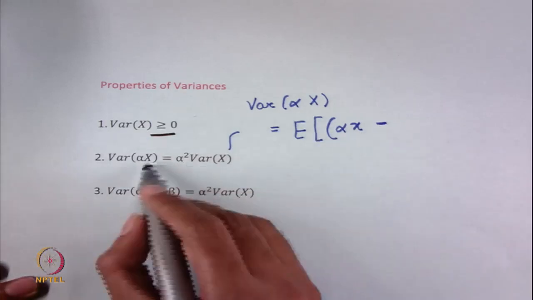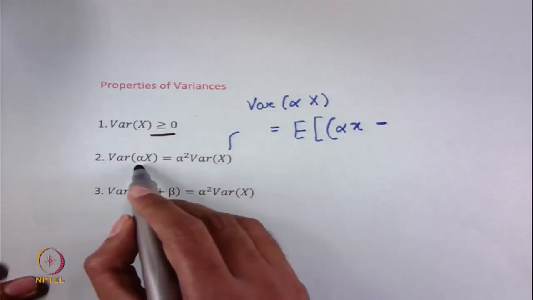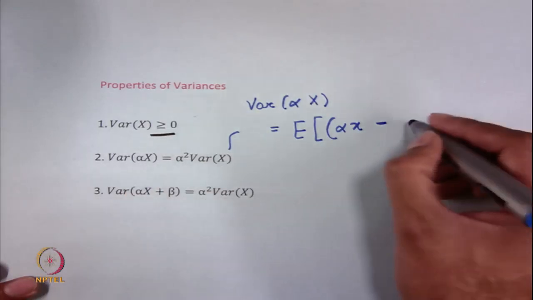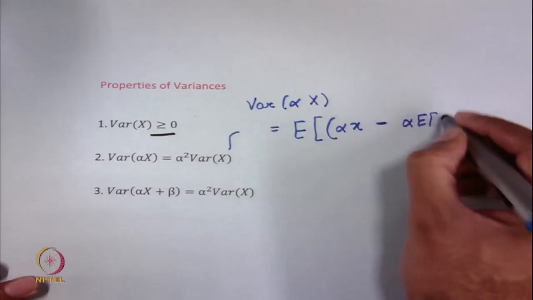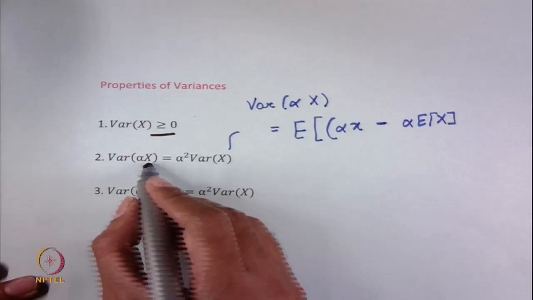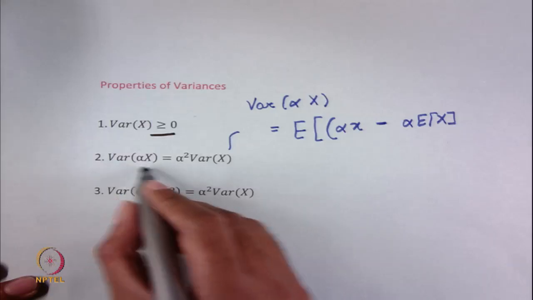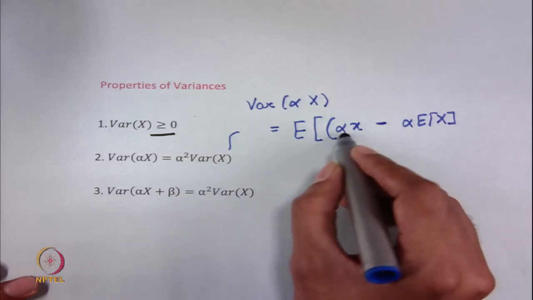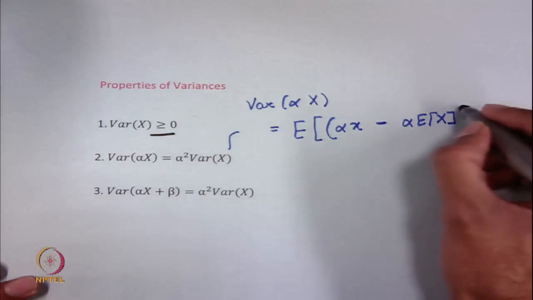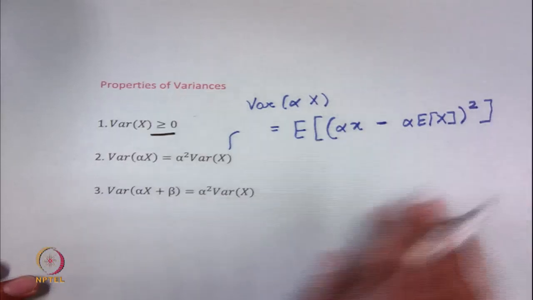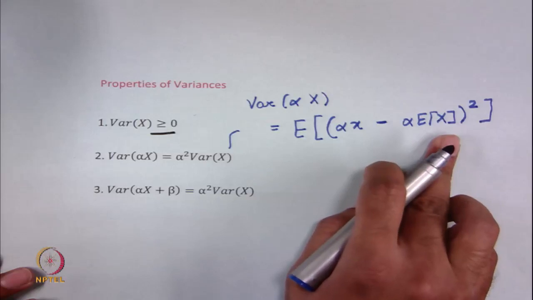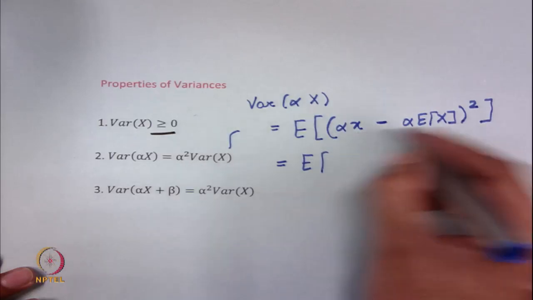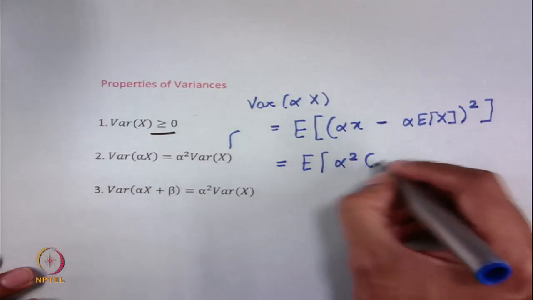Because if you multiply a random variable with a constant alpha, then its numeric value will also be multiplied by alpha, and the mean of the random variable will also be multiplied by alpha. Because we are multiplying a random variable with a constant, the mean of the random variable gets multiplied, the numerical value of that random variable is also getting multiplied with alpha, and then we have to take its square. This is from the definition of variance of a random variable. Now, if I do this more, because alpha is a constant, I can take this out.